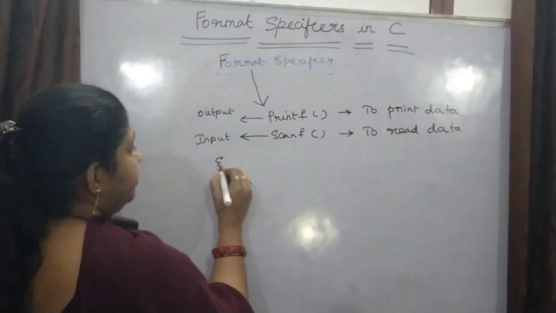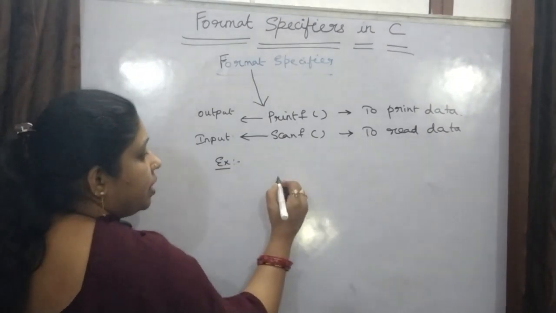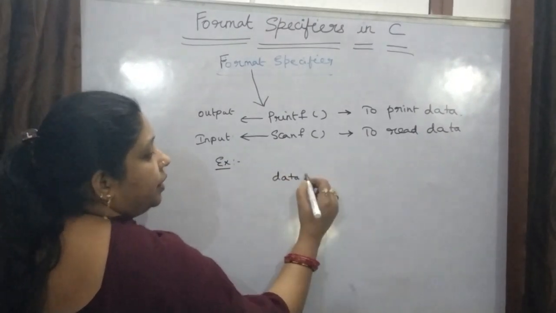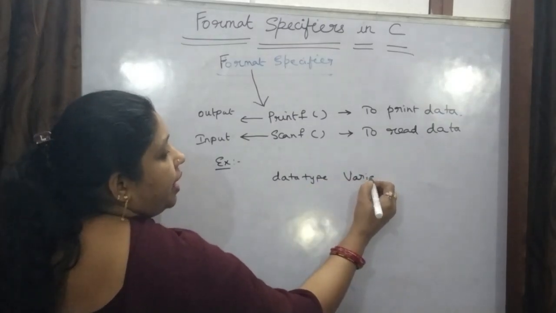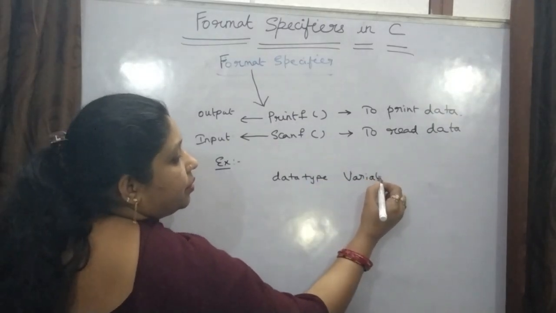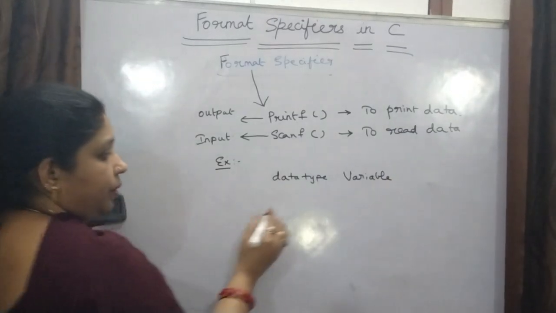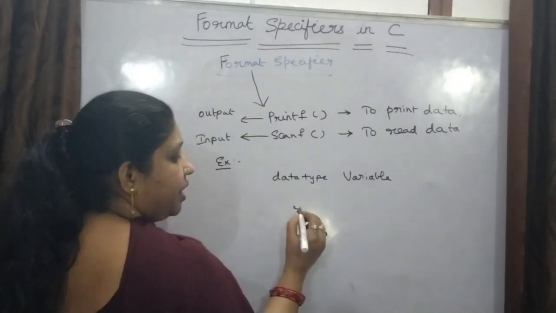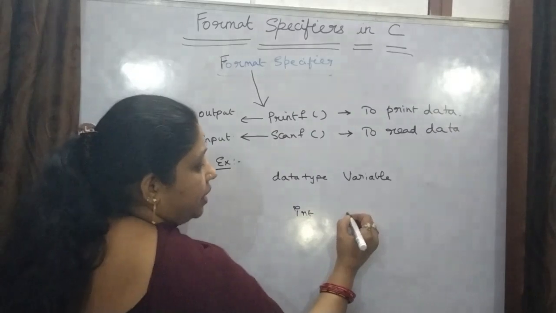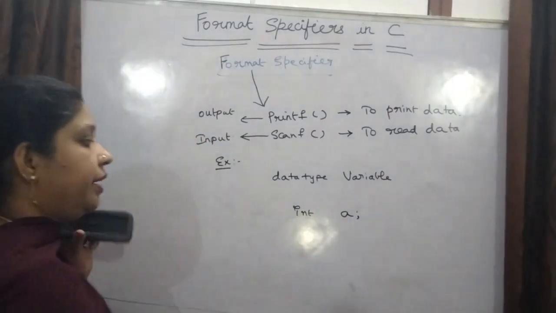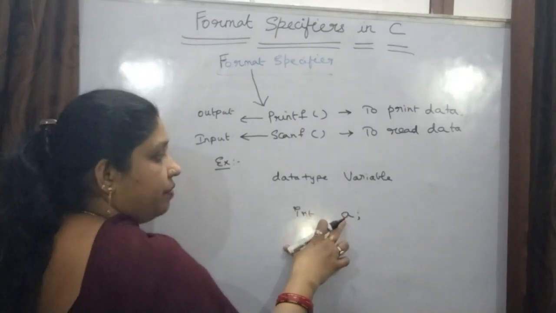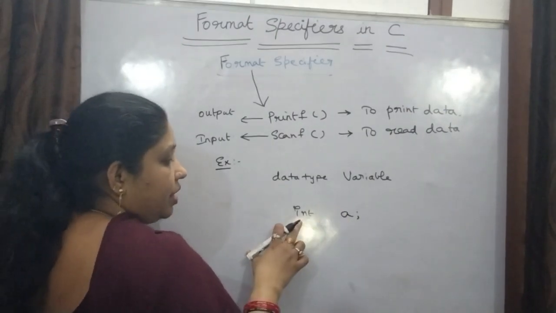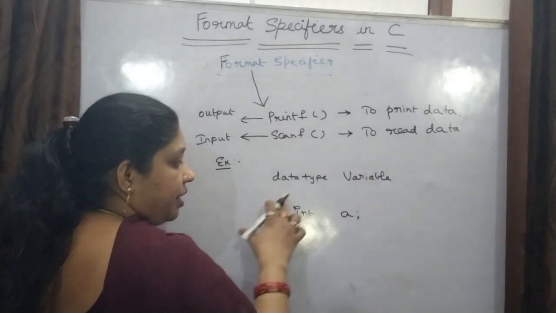For example, I have declared one variable: I am taking int A. So A is a variable which is declared as the int data type.